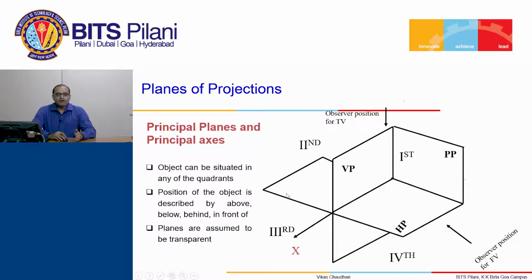How is it? Because horizontal plane is assumed to be hinged at intersection of horizontal plane and vertical plane. So it is assumed to be hinged at this particular line. So about this line, when horizontal plane will be rotated, this part will go up. So first quadrant and third quadrant will be open.